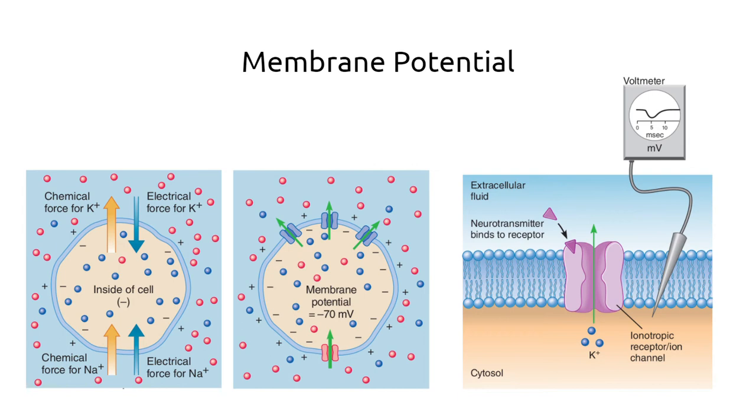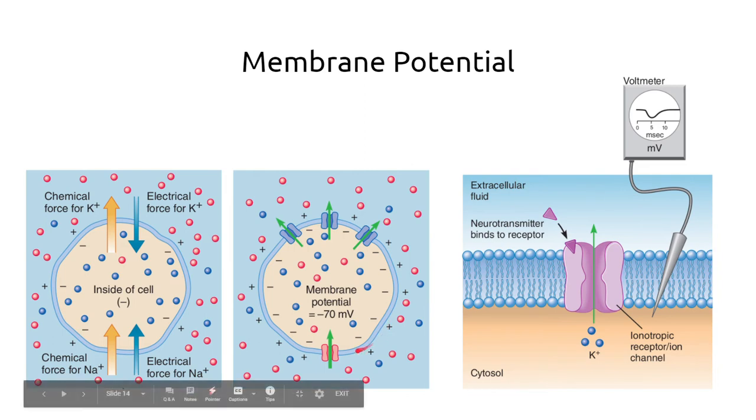And it's set up such that we're going to get some sort of rest. So this is an active process. This is part of why the brain requires energy to function, is that this process is going to maintain this voltage difference and this ion concentration difference, sitting around minus 70 millivolts, which is sort of a common number.